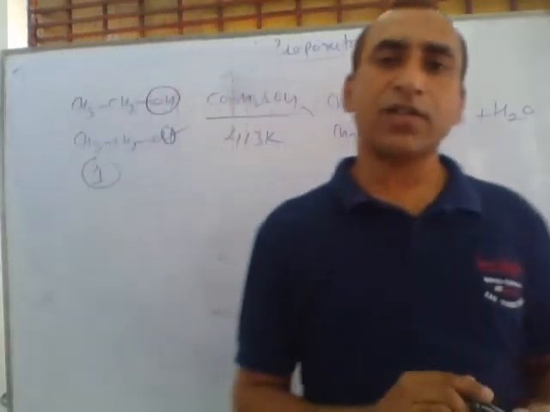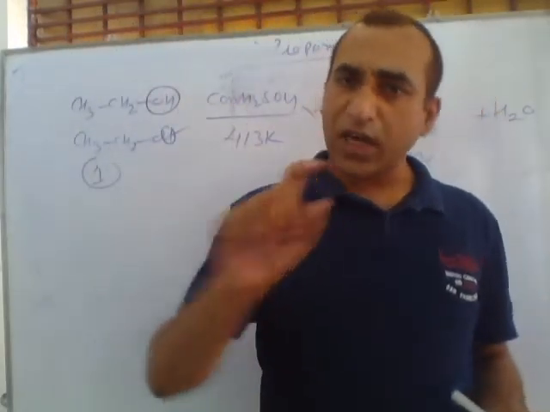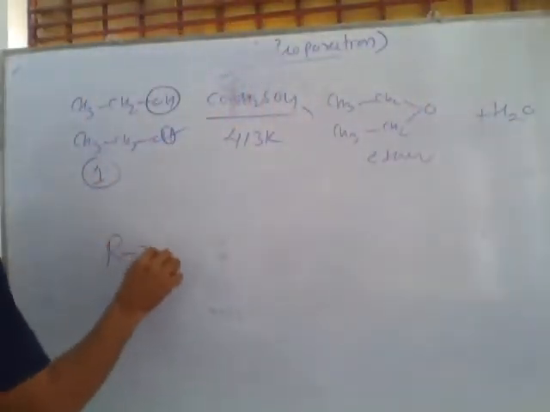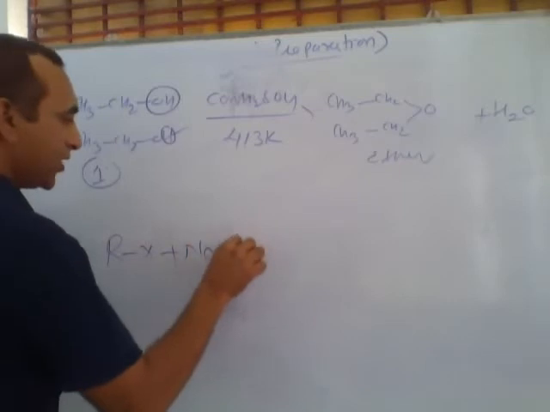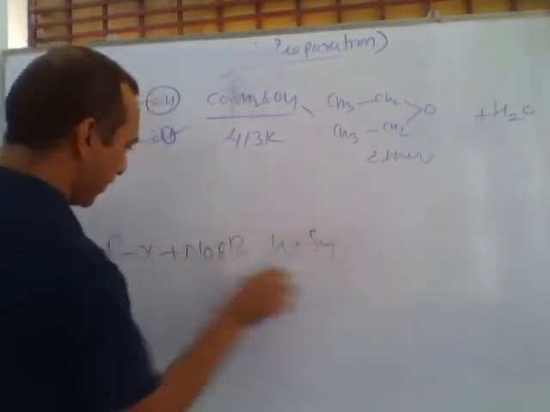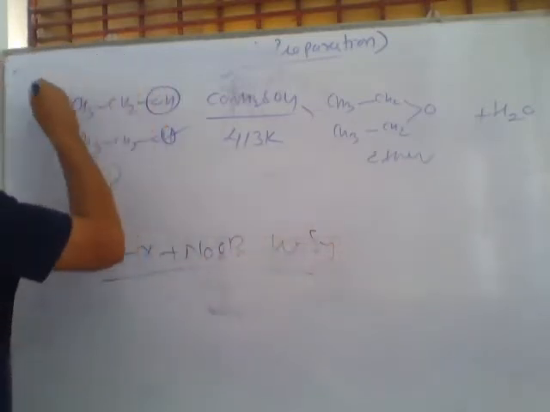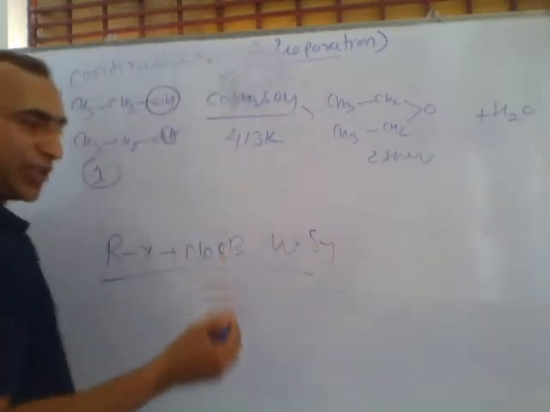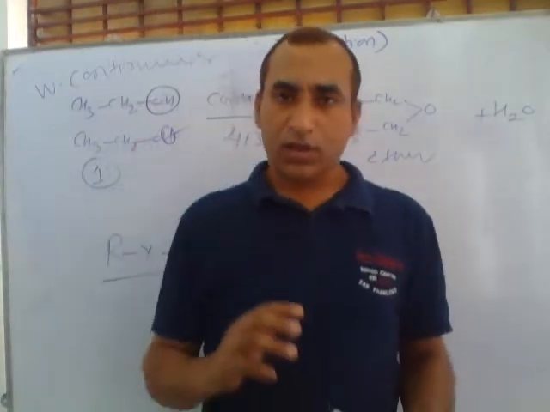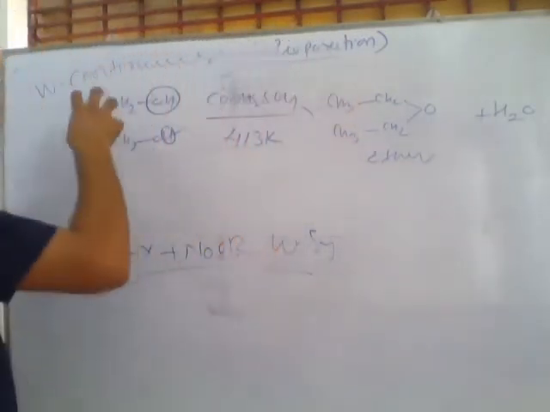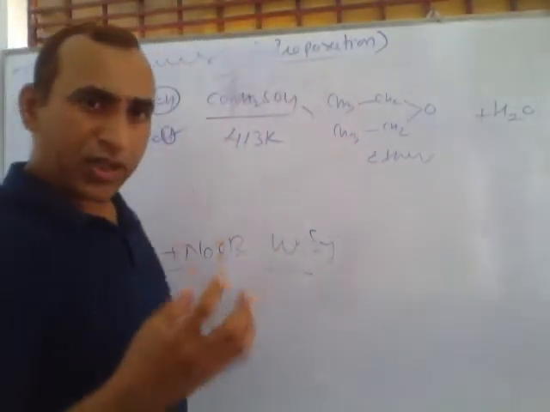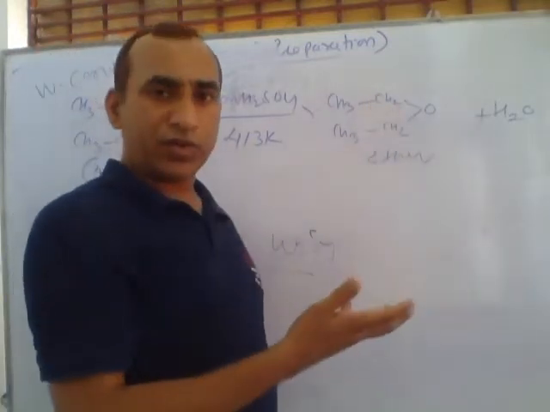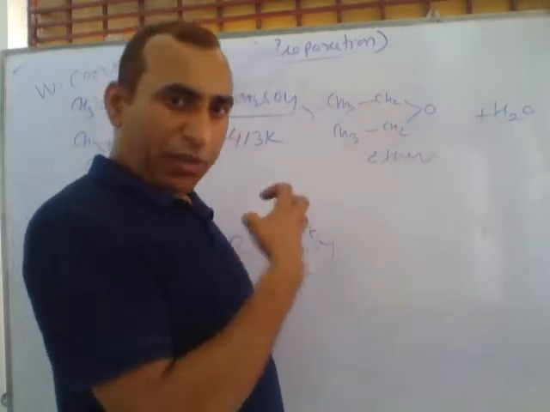Actually this reaction is called Williamson continuous etherification. Remember, the reaction of RX with NaOH is called Williamson synthesis. This is Williamson synthesis, but this reaction is called Williamson continuous etherification. Continuous etherification means in this reaction alcohol is used continuously as a reactant and the ether product forms continuously.